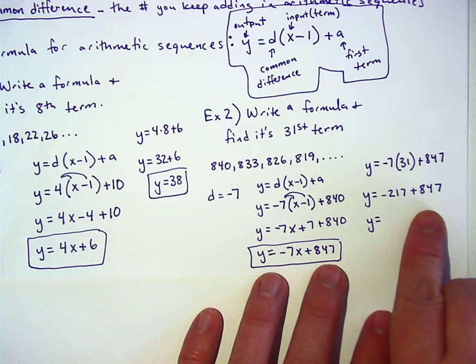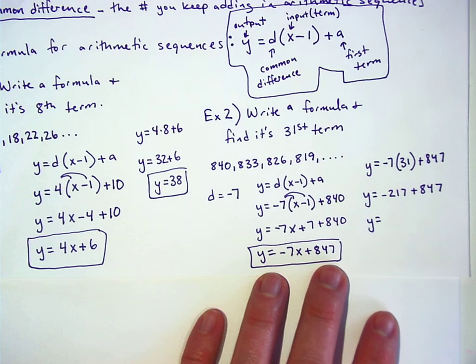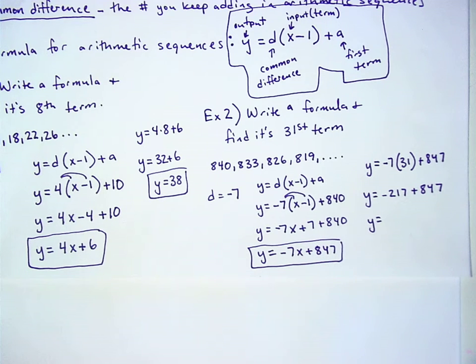Don't put it away yet. 576. Nope. What'd you type in your calculator? Negative 217 plus 847? Yeah. Let me see. You put 271 in there instead of 217. So it should equal 630 in the end.